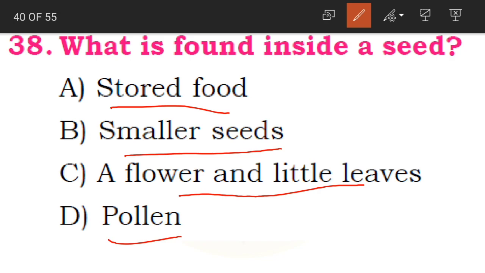So food is stored there and that food is supplied to the baby plant until it gets its first leaves. So that is why our option is A. Correct option is A, that inside the seed we can find stored food.